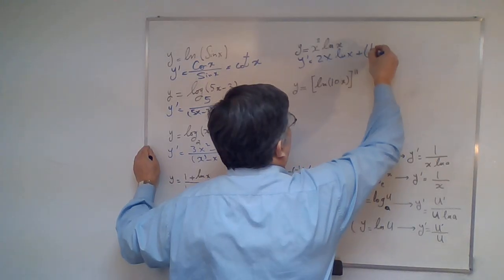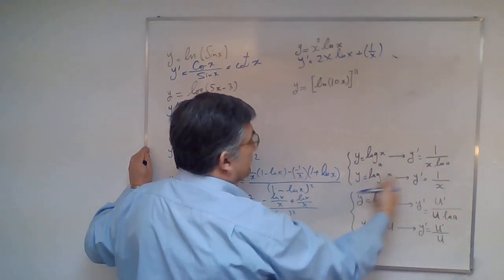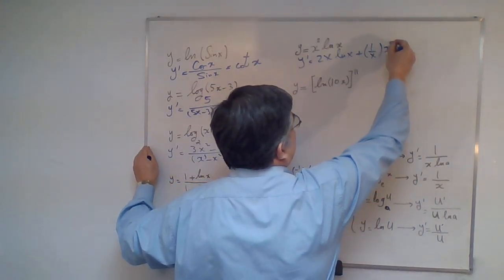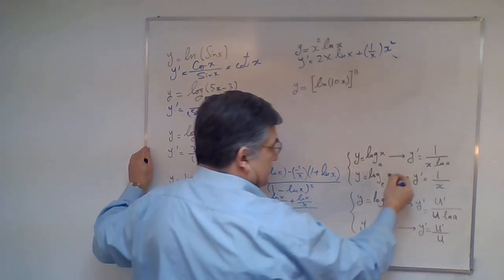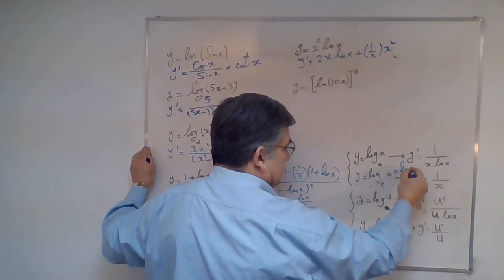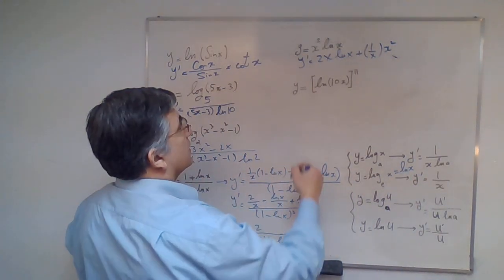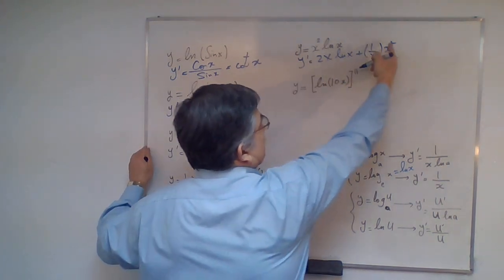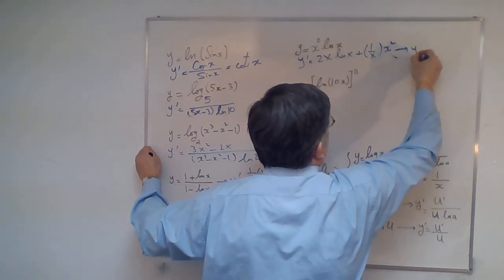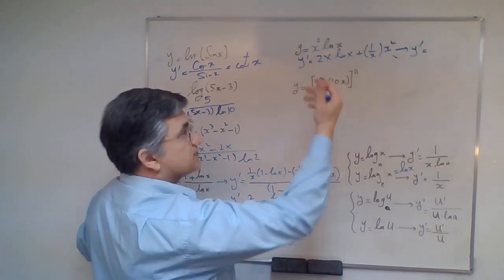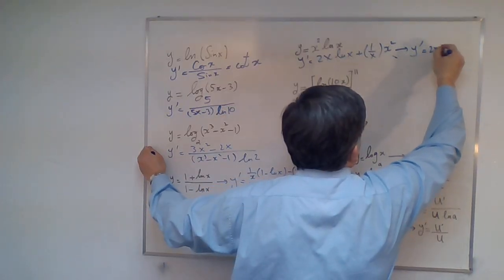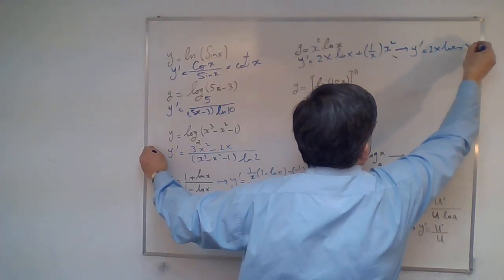So that would be 1 over x, according to this formula, times x squared. And this was actually ln of x. Okay, so x squared over x is going to be just simply x. We can simplify, and then we get 2x ln x plus x.